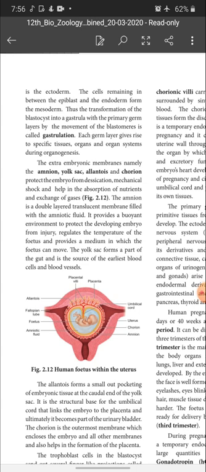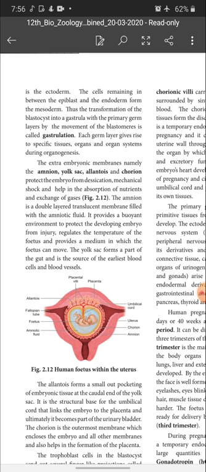Each germ layer gives rise to specific tissues, which I have already discussed with you. The three layers, ectoderm, endoderm, mesoderm, are differentiated into the various organs and tissues of our body. And the next one is the extra embryonic membranes, namely amnion, yolk sac, allantois and chorion, which protect the embryo from desiccation, mechanical shock and help in the absorption of nutrients and exchange of gases.